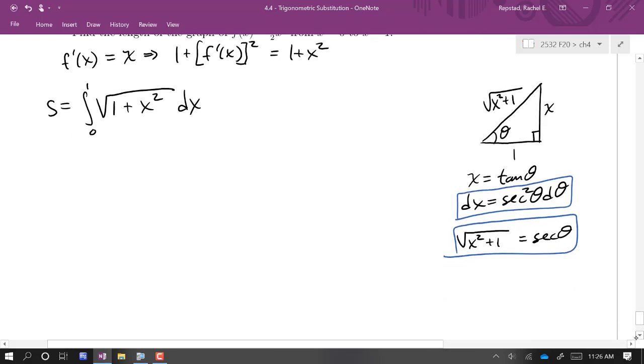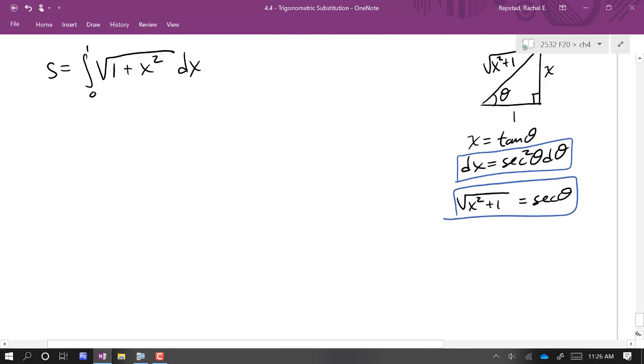Okay, now this is a definite integral, so I'm going to find some new limits. I'm going to use x equals tan theta to convert the limits of 0 and 1 to theta limits.